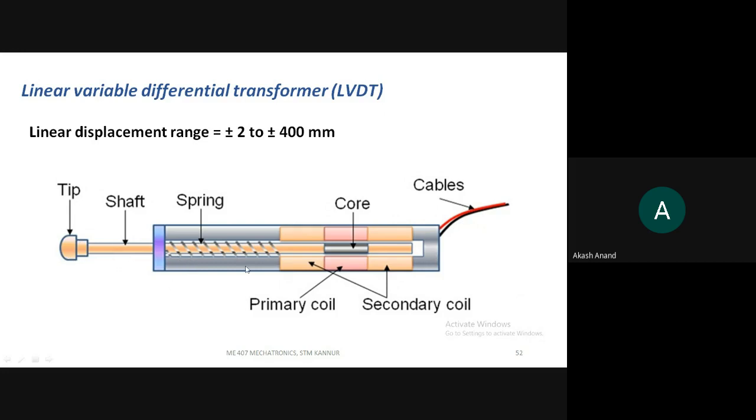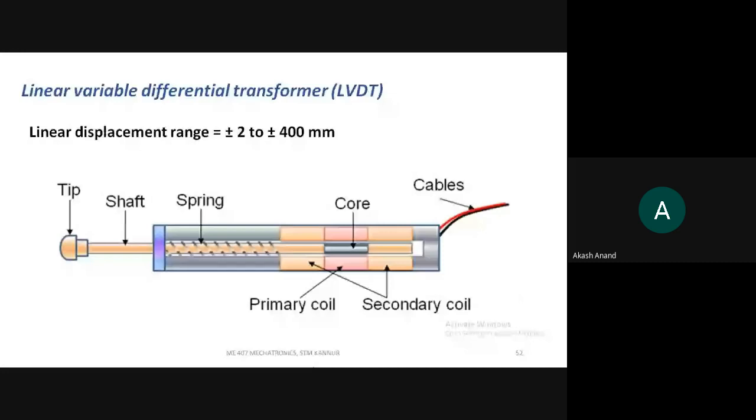Coming to the working principle, the LVDT works on the electromagnetic coupling principle. I think you already learned it in your 12th standard, what electromagnetic coupling is, or you simply know how a transformer works.